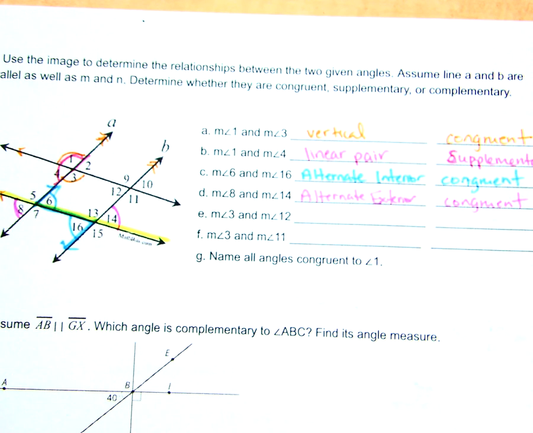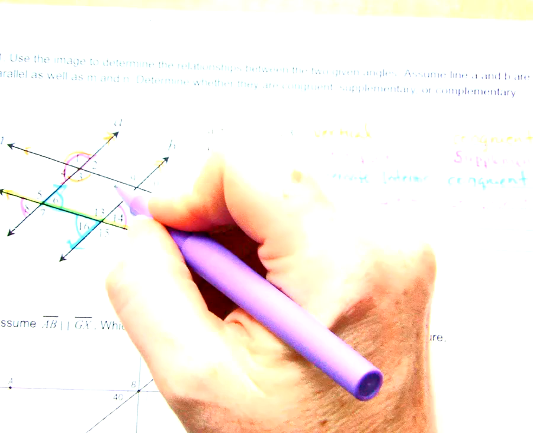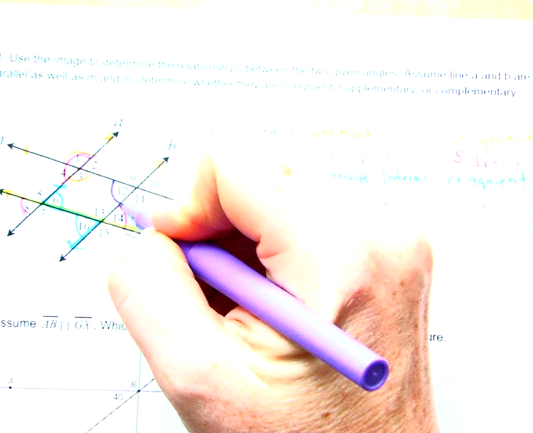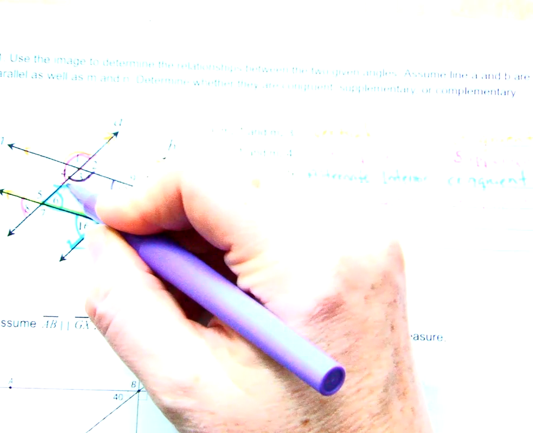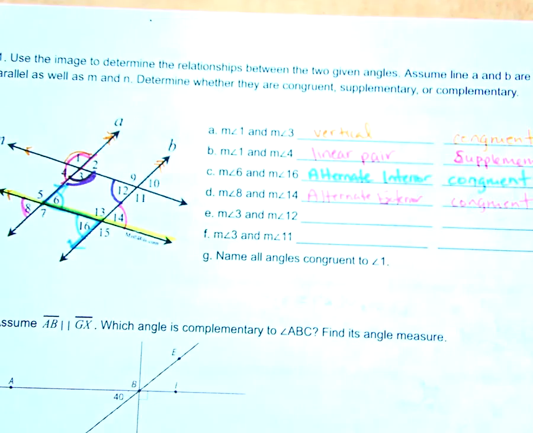Next, we're looking at angles 3 and 12. So here's 12. Here's 3. I marked on top of that. And so our transversal this time is this one, right?